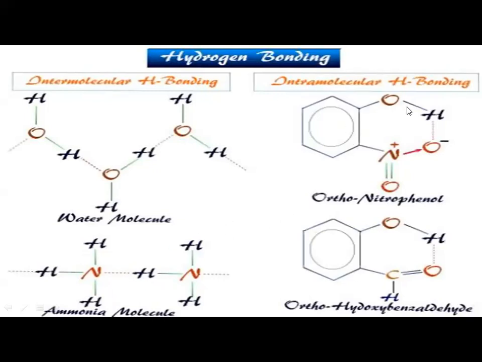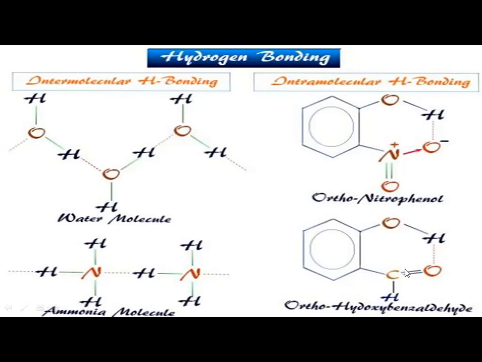Intramolecular, O-nitrophenol: hydrogen of the molecule has formed bonding with oxygen of the same molecule. O-hydroxybenzaldehyde: OH group is there, CHO group is there. Hydrogen of the molecule has formed intramolecular hydrogen bonding with oxygen of the same.